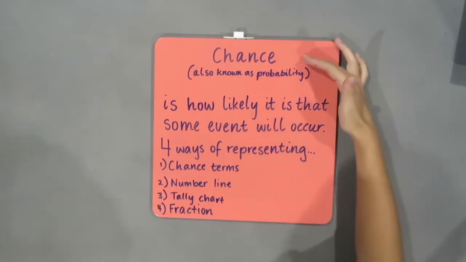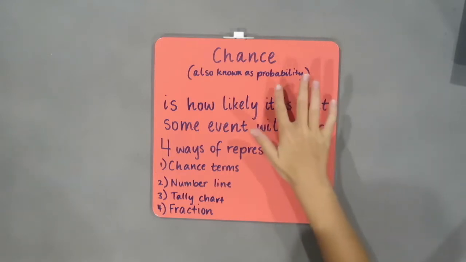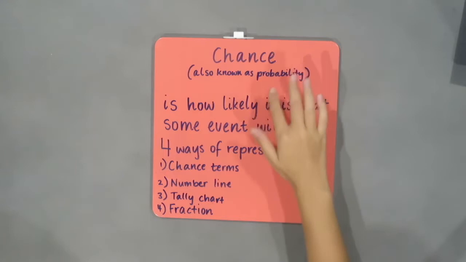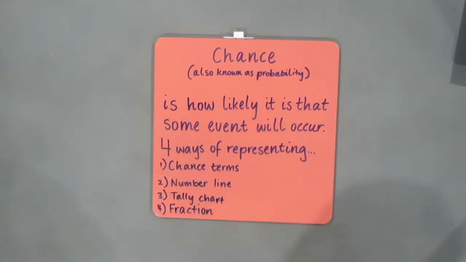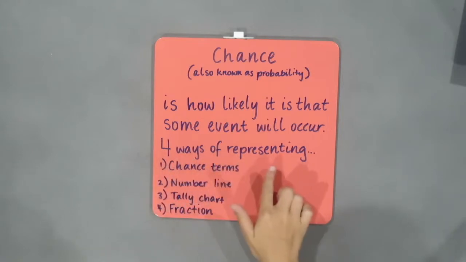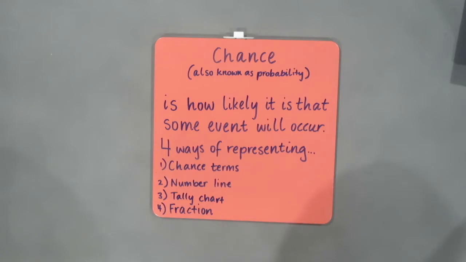So chance, which we also know as probability, is how likely it is that some event will occur. Now there are 4 ways of representing chance, or how likely something is to happen.